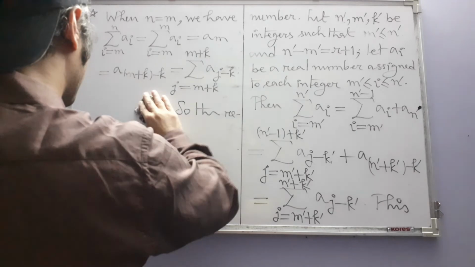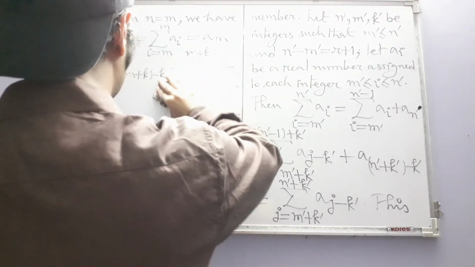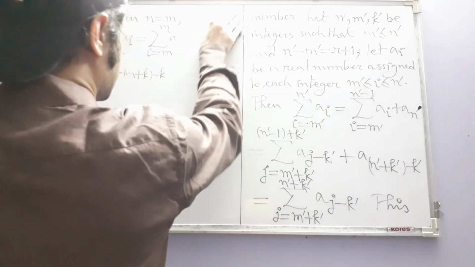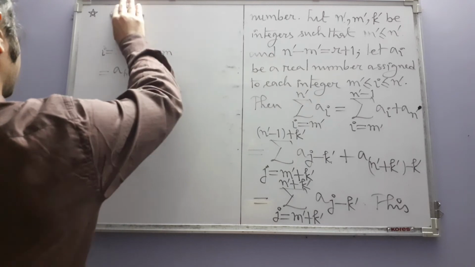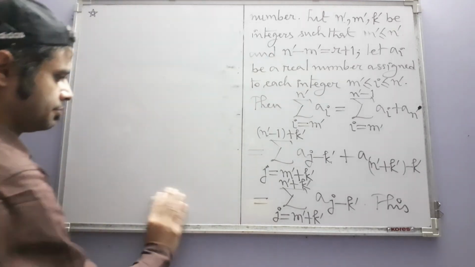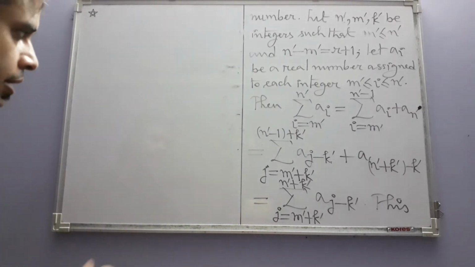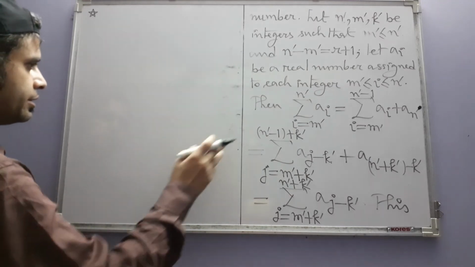I will prove one more and leave the remaining three to you, because their proofs are very similar, and in fact much easier than this. In fact, this very next one, the statement is much easier than this.